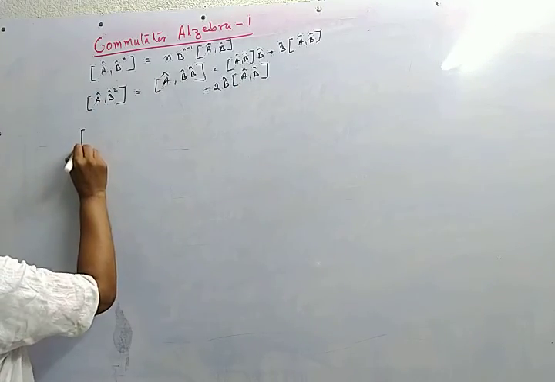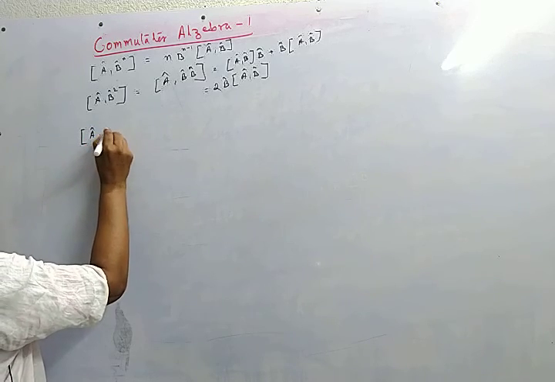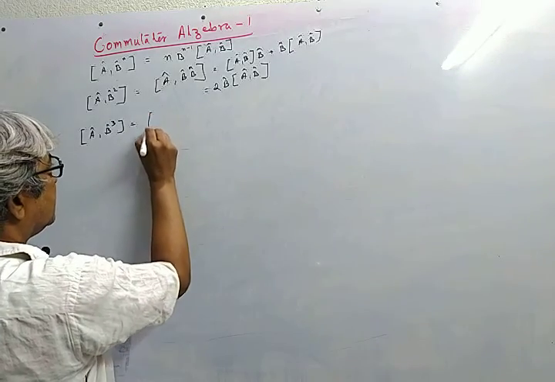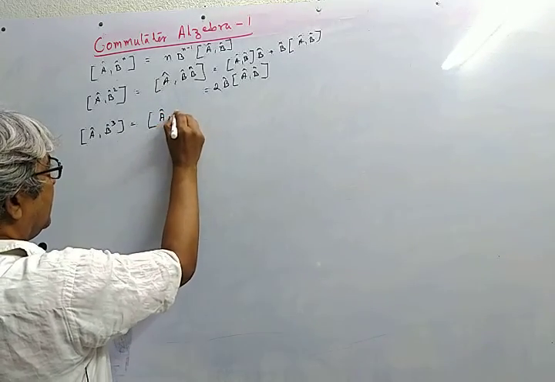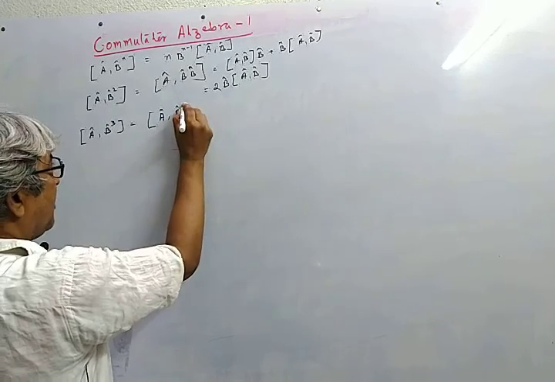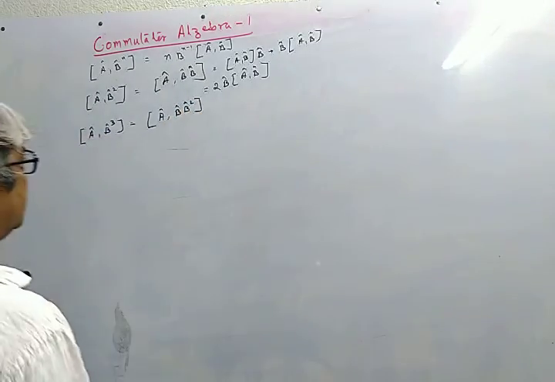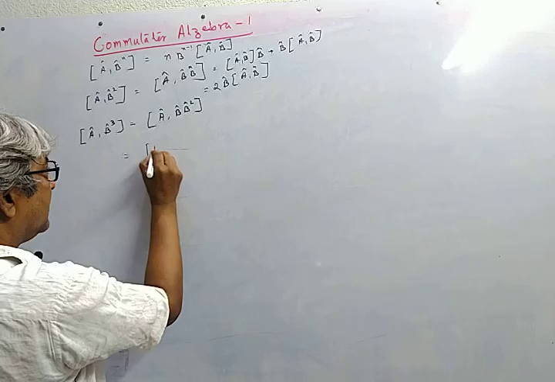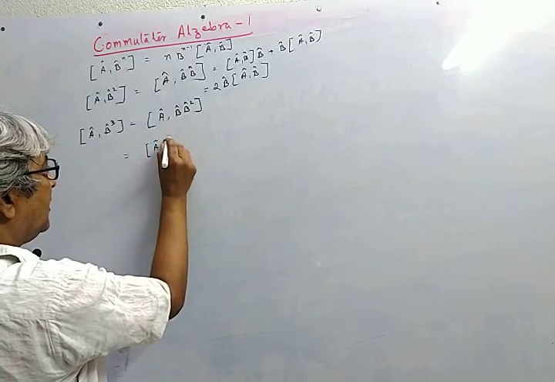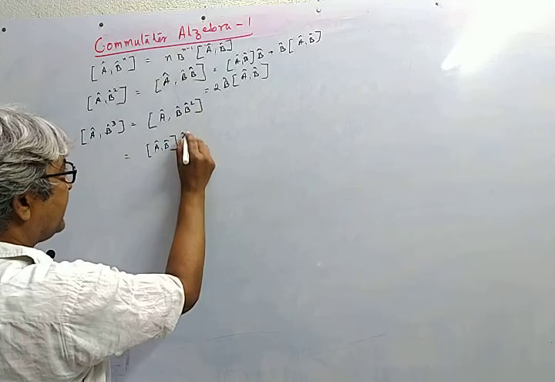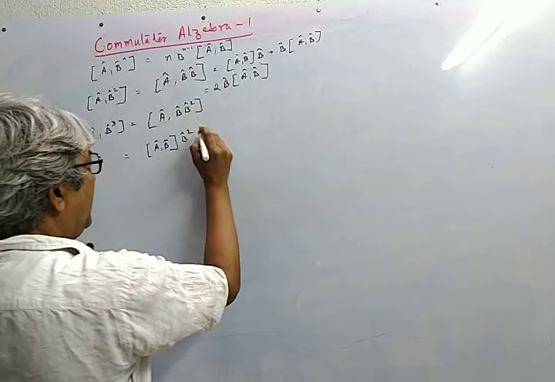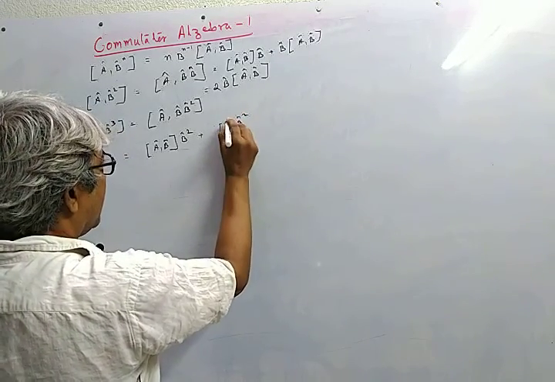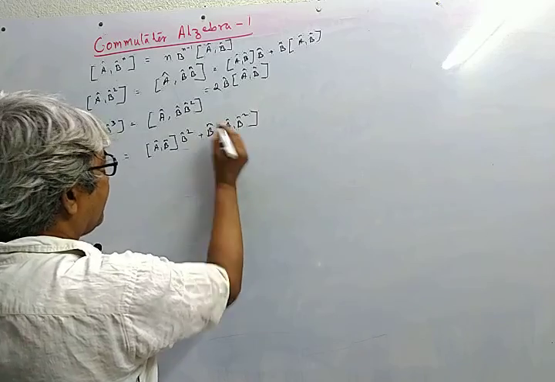If we consider A with B operator cubed, then it can be written as A with B operator times B operator squared. So the result is first the AB commutator, B squared will appear from the right, then the AB squared commutator, B will appear from the left.